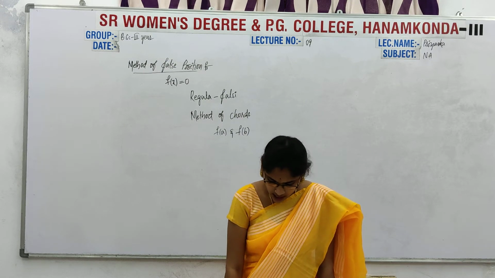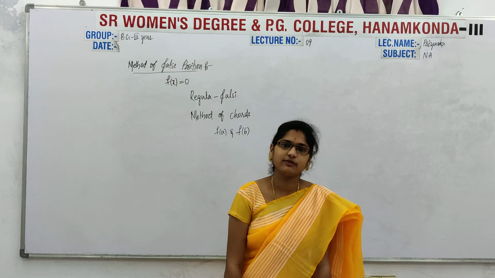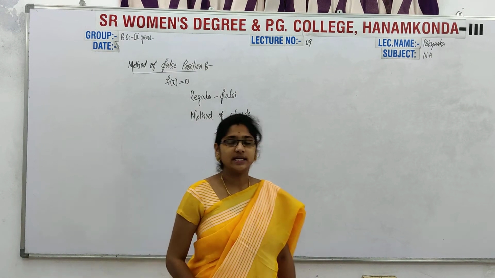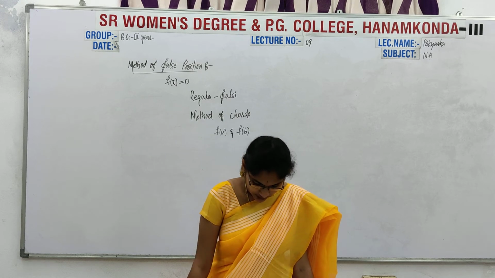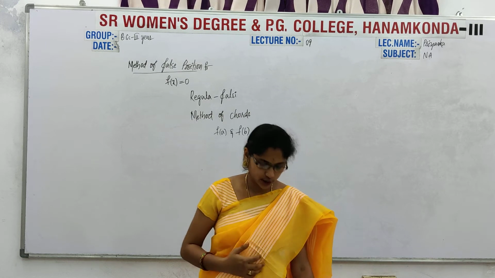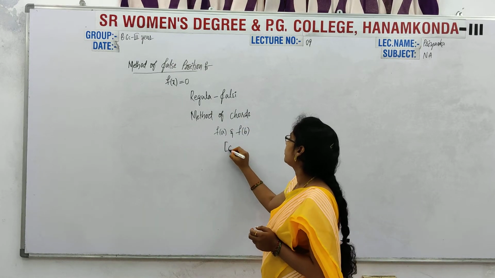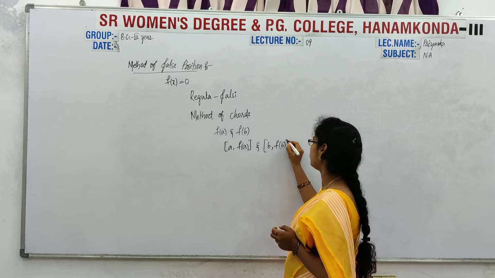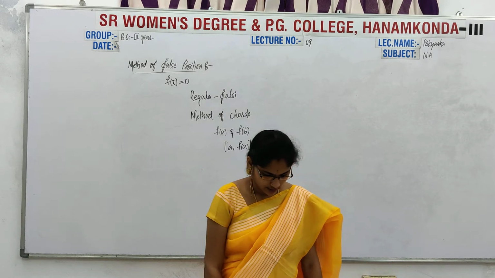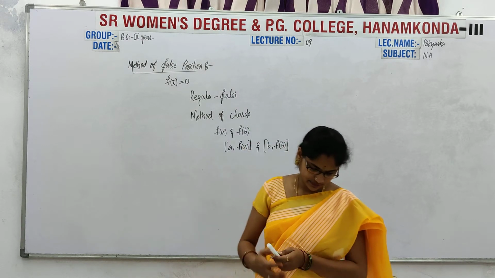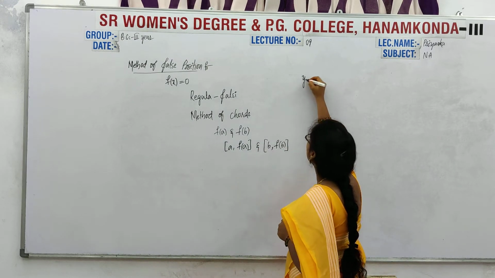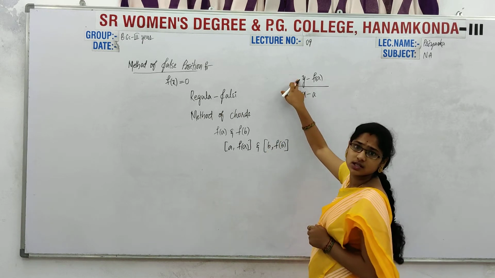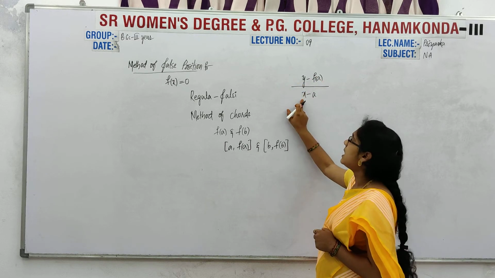Now write down. Therefore, the equation of the chord joining the two points (a, f(a)) and (b, f(b)) is given by (y - f(a))/(x - a) = (f(b) - f(a))/(b - a). Here y is the function value and x means the a value.